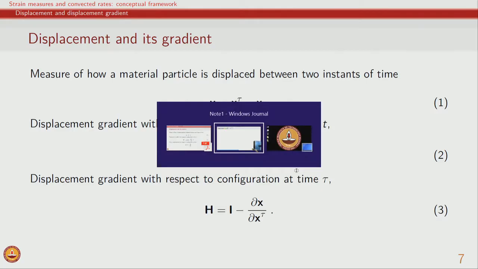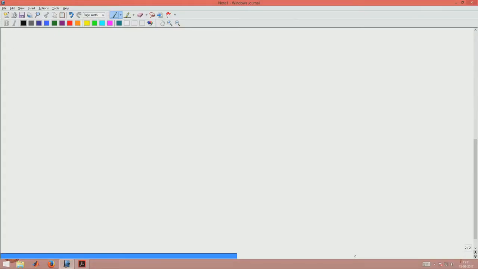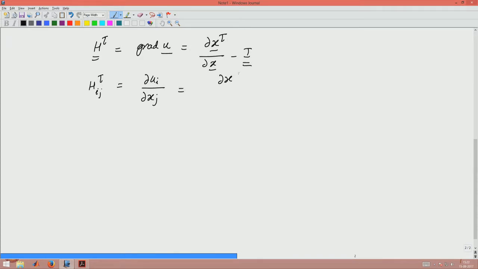Since we are now familiar with the index notation also, we could write this same expression, gradient of u is equal to del x tau by del x minus identity, in index notation as h_ij tau is equal to del u_i by del x_j is equal to del x_i tau by del x_j minus delta_ij.